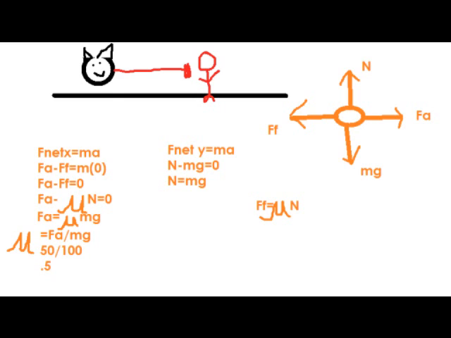F net of x equals ma, but it's constant, so it equals 0. Then the applied force minus the frictional force equals 0. Frictional force equals mu times N, and N equals mg. So we get Fa minus mu mg equals 0. Fa equals mu mg, so mu equals Fa divided by mg. Plug in the numbers: 50 divided by 10 times 10 equals 0.5. 0.5 is our coefficient of friction between the cat and the floor.